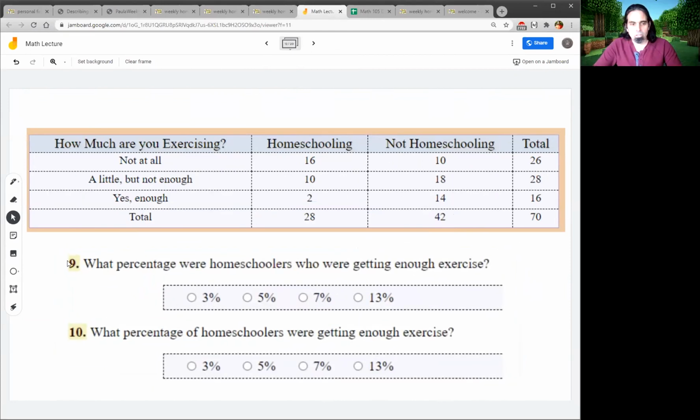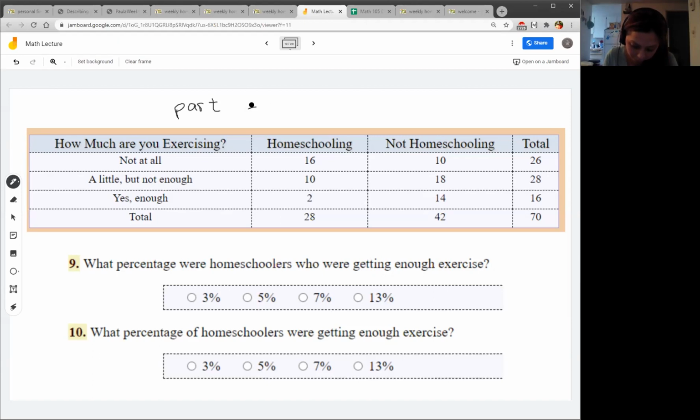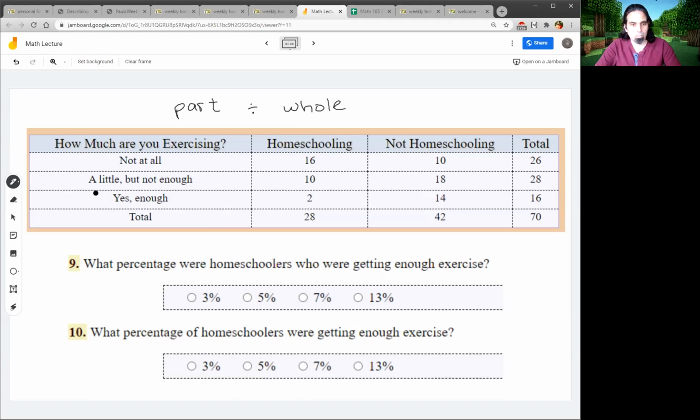Okay, what is the part in 9? So it would just be the 2, right? Yeah. Homeschoolers who are getting enough exercise is the 2.